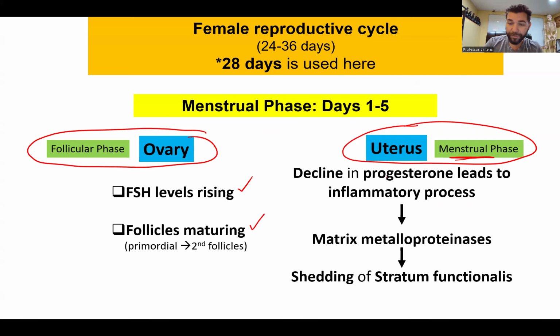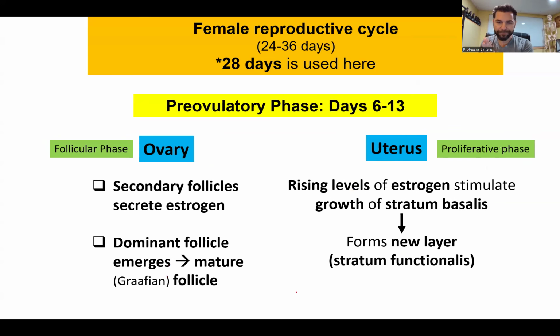Menses. Your progesterone's down. We basically shed that stratum functionalis. We talked about that. What happens next? Pre-ovulatory. In between the menses and the ovulation, there's a period here. Usually lasts-ish 6 to 13 days, but very variable.